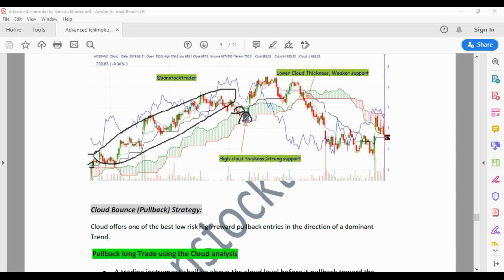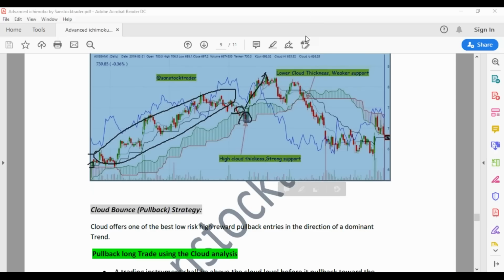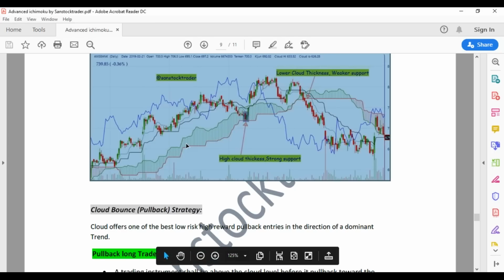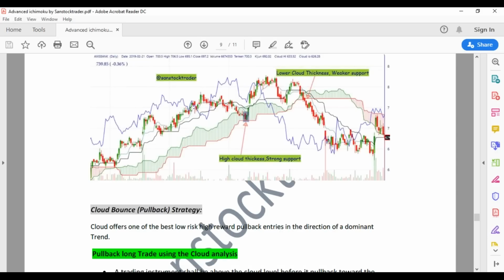Price touched, took support and made a new high. Let me explain the psychology behind it. When a stock is in trend for a long time, it generally gives a deeper pullback.